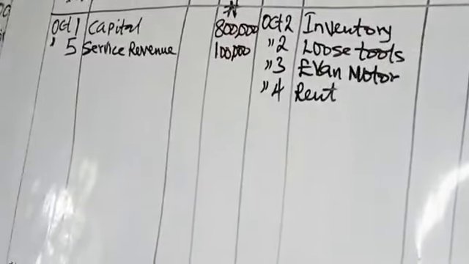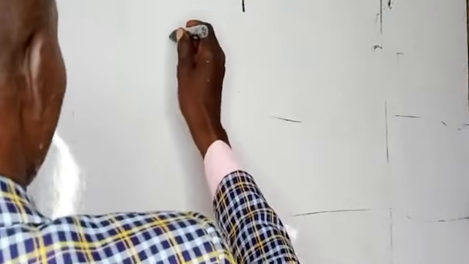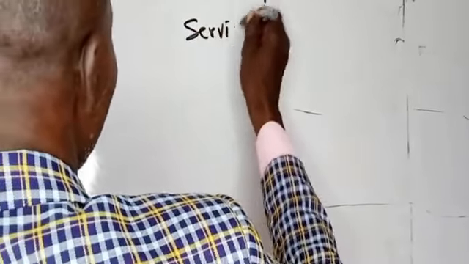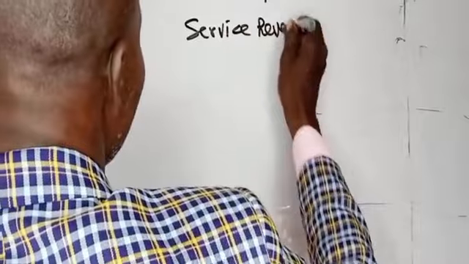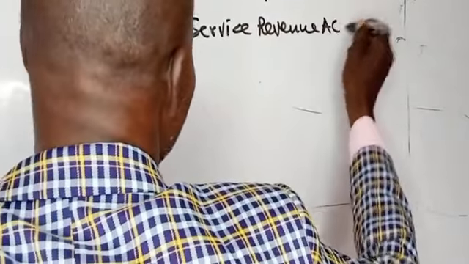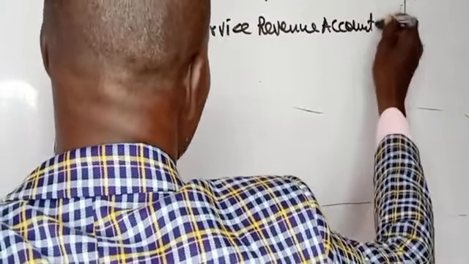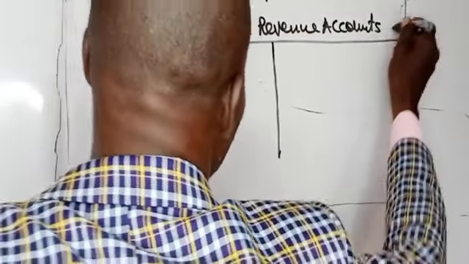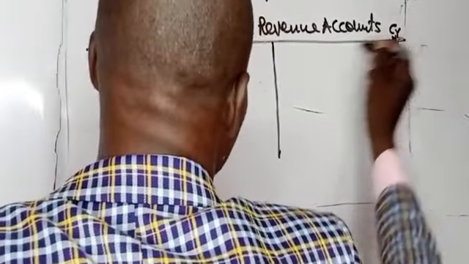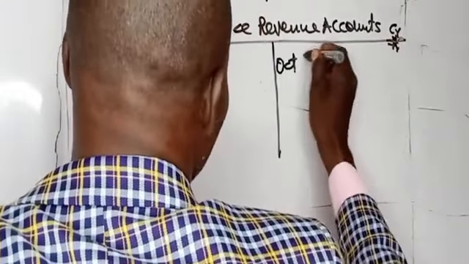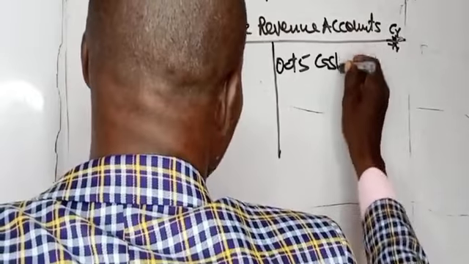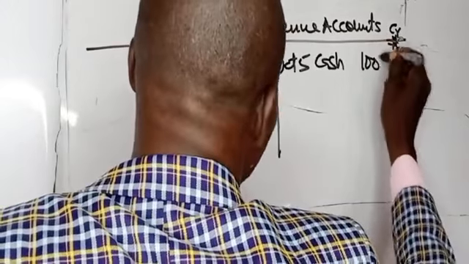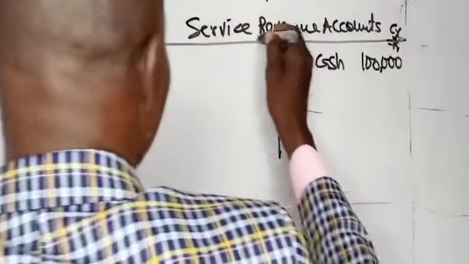Then let's open the service revenue account. So we are going to credit service revenue account with the same amount, which is October 5th, cash, 100,000 naira.